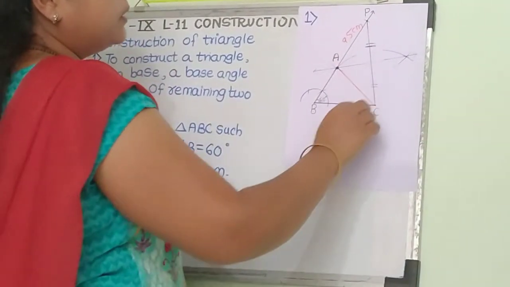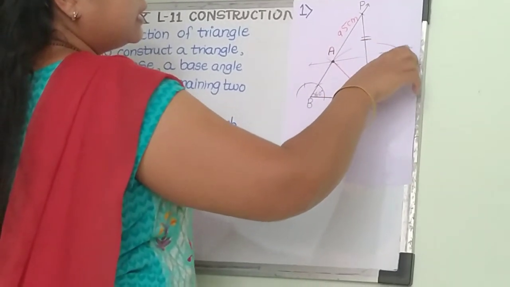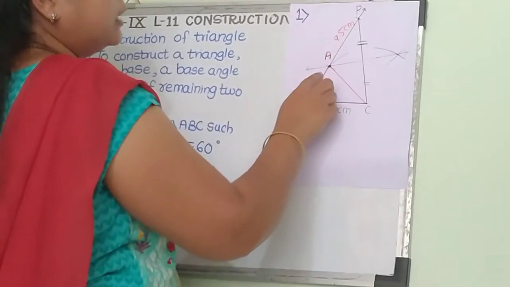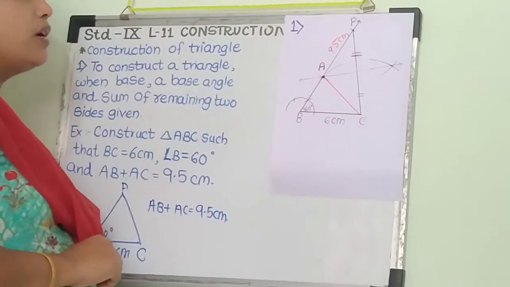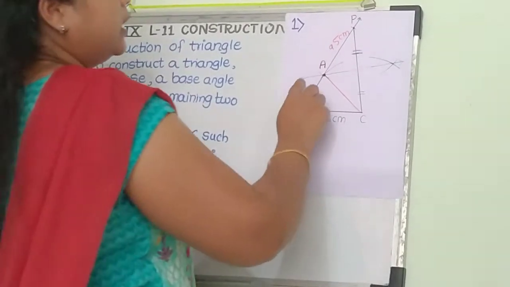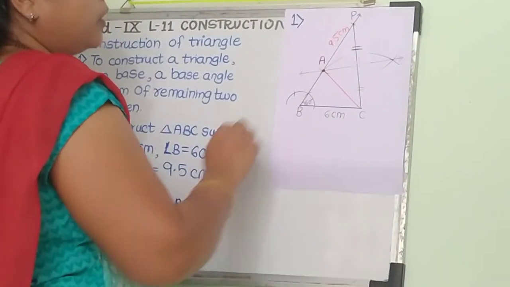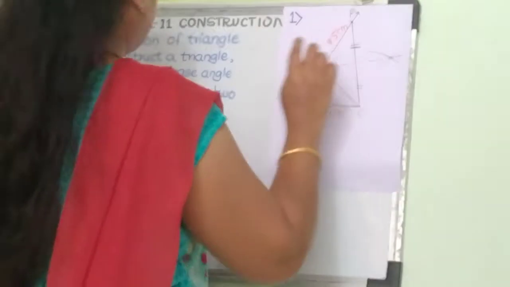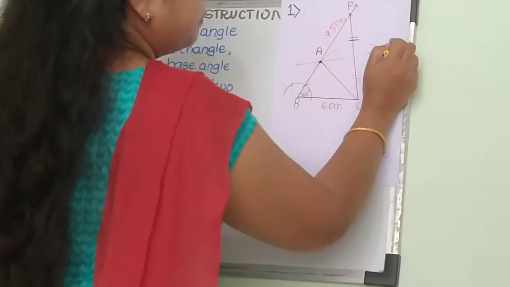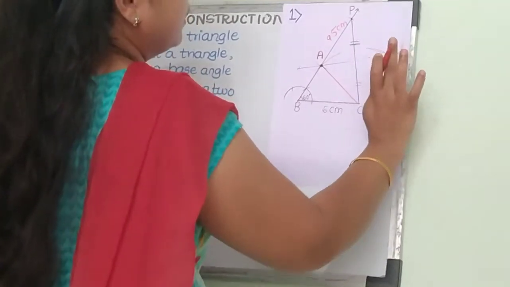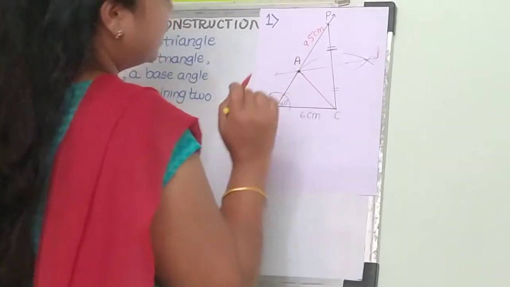For the perpendicular bisector we take more than half distance in our compass and mark the arcs from points C and P. Then we get the line, suppose we call it L, which is perpendicular to CP.